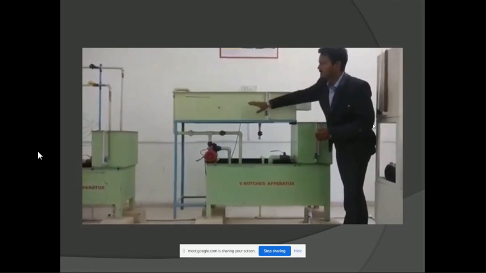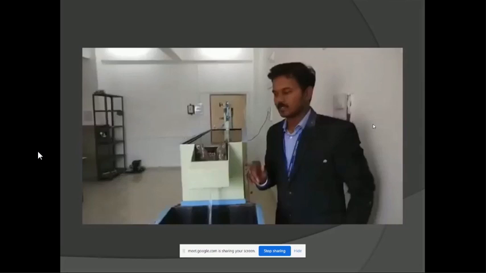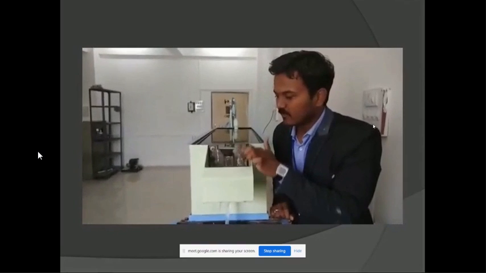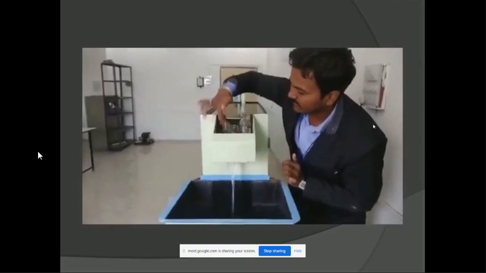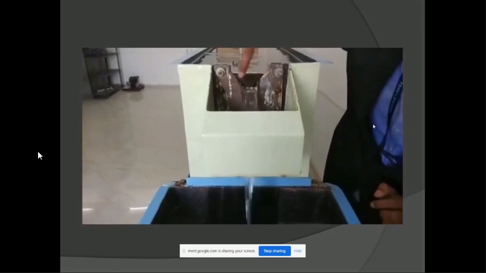This is the scale to measure water in the open channel, and this is the scale to measure water in the collecting tank. Now water is flowing from the channel to the V notch. Height will be measured from the center of the notch to the water level. Now further this will be explained by Ishu.